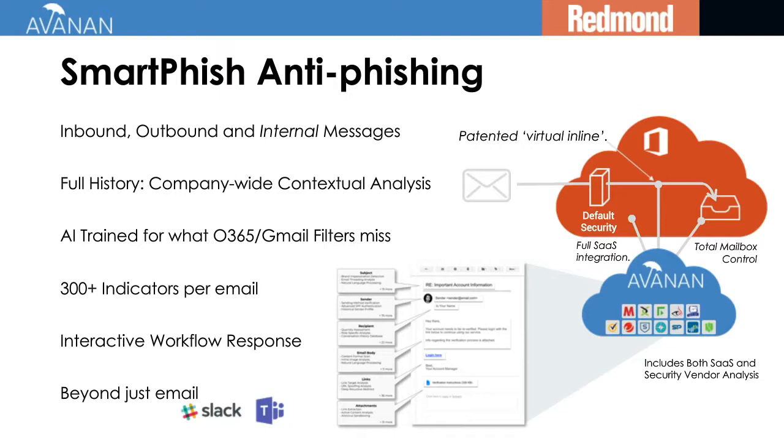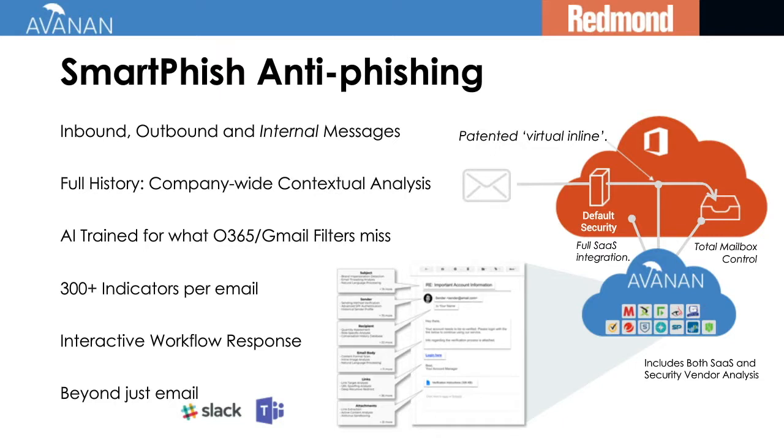But the reason why we can do a better job is that we dig deep into the user's mailbox to look through their history. So on day one, we go back in time through the user's history to develop a profile of that individual user, as well as a profile of the company itself. So we know who talks to whom. We see the different roles. And so we actually build an engine unique to each customer based upon that profile.